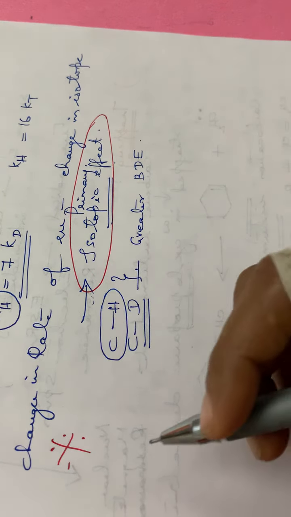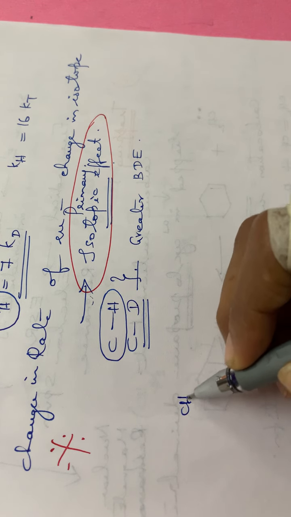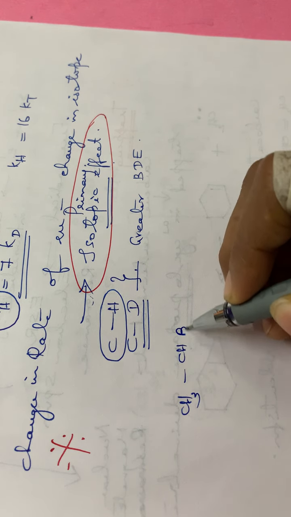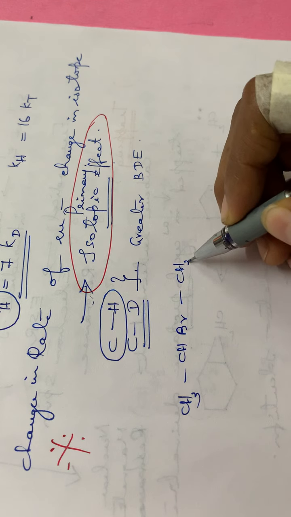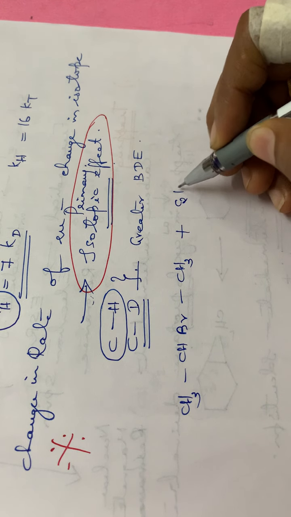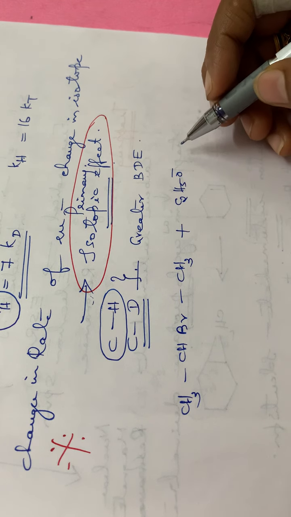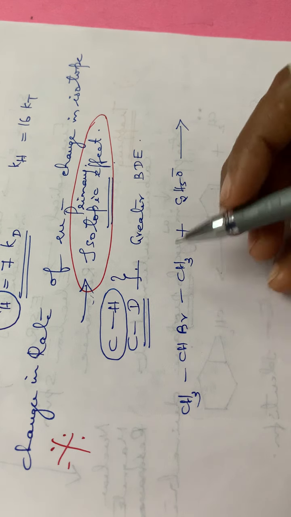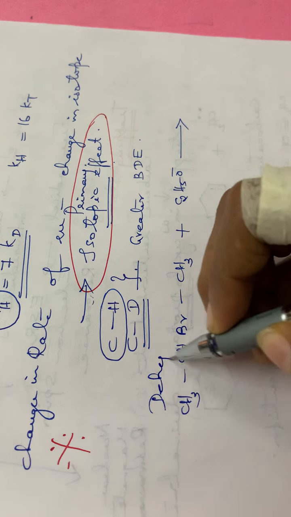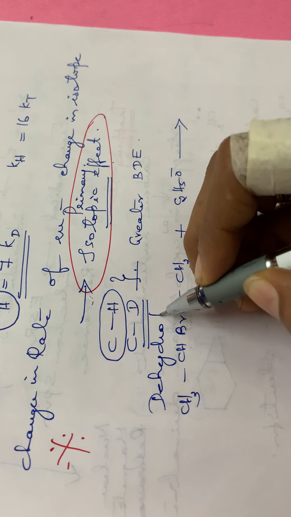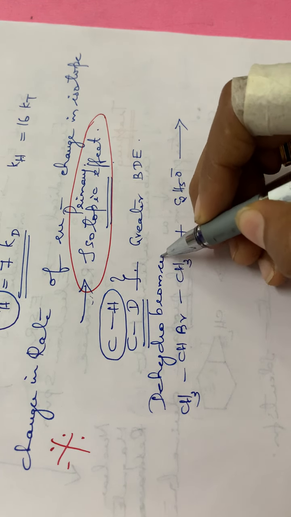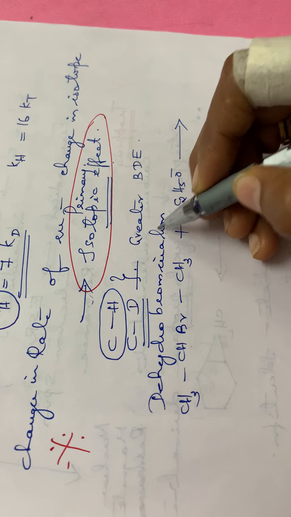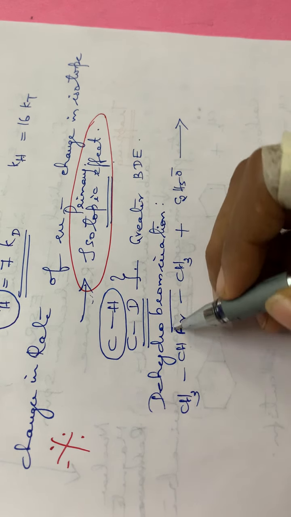Then next we can go through one reaction. CH3CHBrCH3 plus C2H5O minus, in the presence of an alcohol. This is a dehydrohalogenation or dehydrobromination reaction.